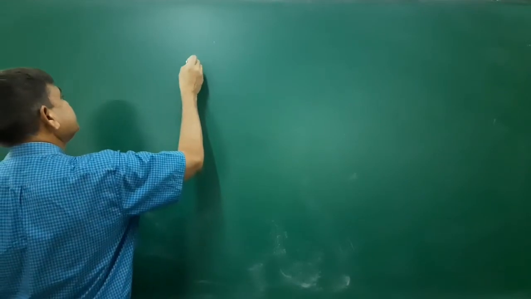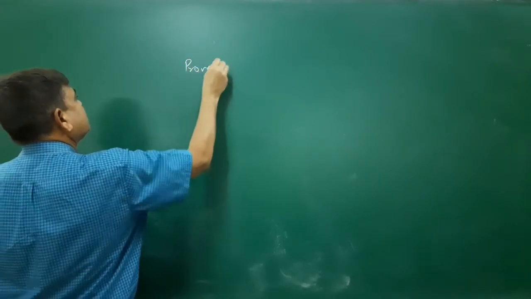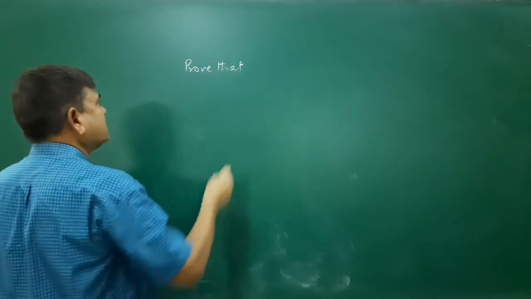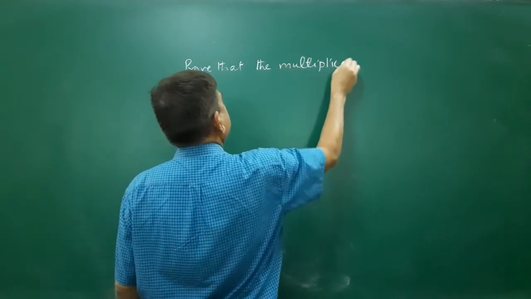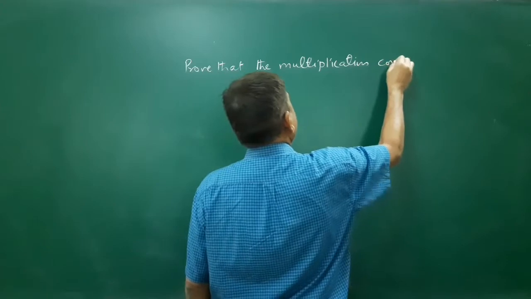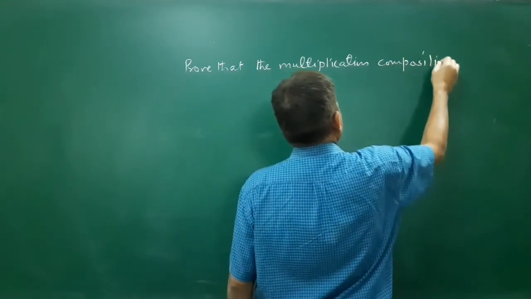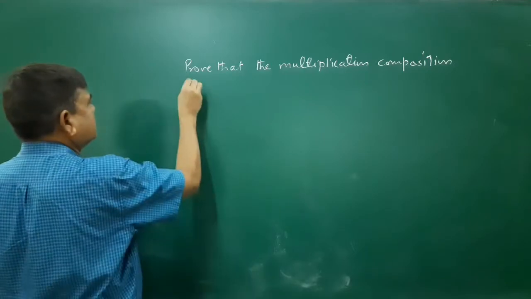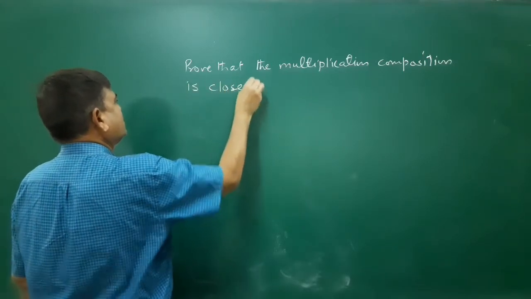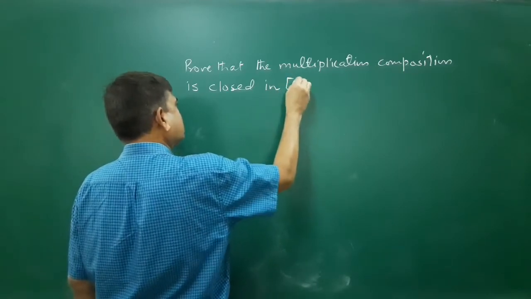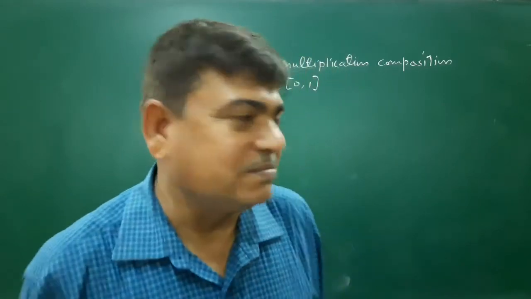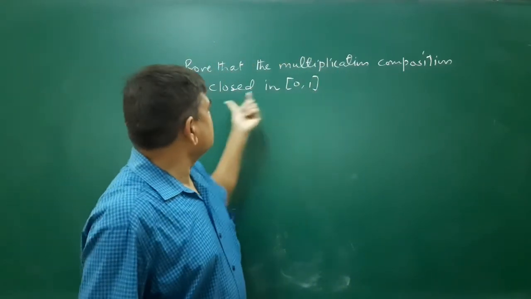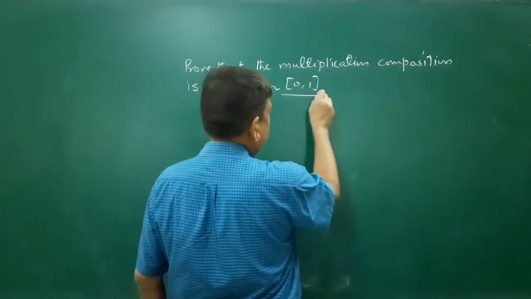Let us see one particular example. Prove that the multiplication composition is closed in [0, 1]. Multiplication composition is closed in this particular set.